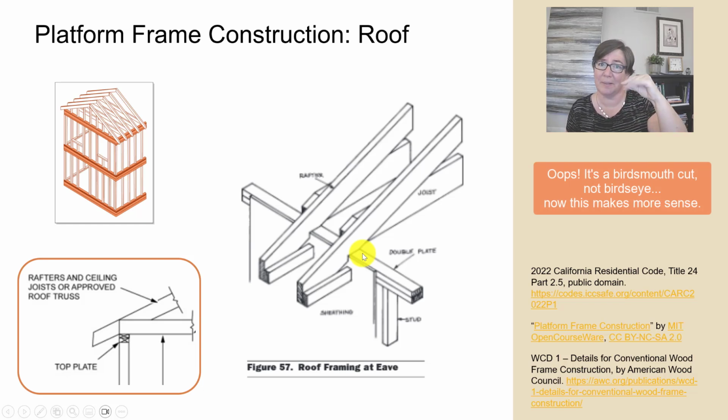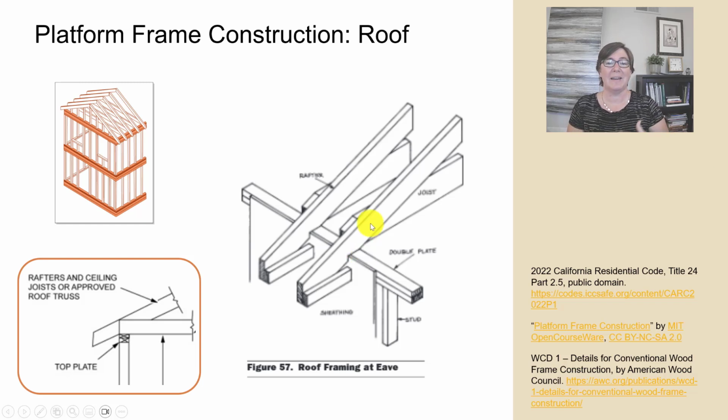I don't know, I always thought it kind of looked more like a bird's beak to me, but anyway. And for stability, these ceiling joists are going to be nailed, they're going to be connected to those roof rafters. If you have a closed soffit, you'll add these pieces right here in order to attach a panel below them and close off that area.